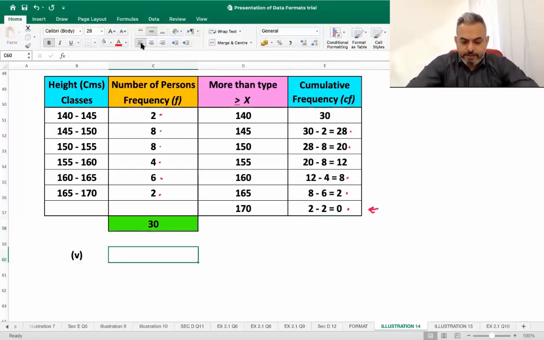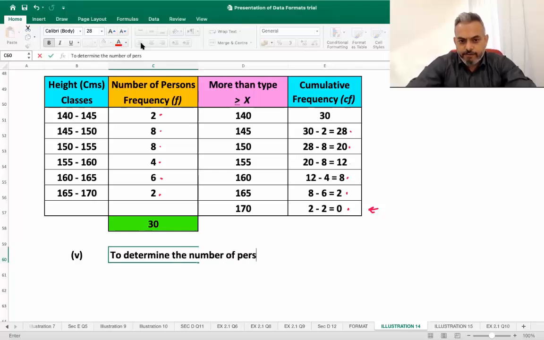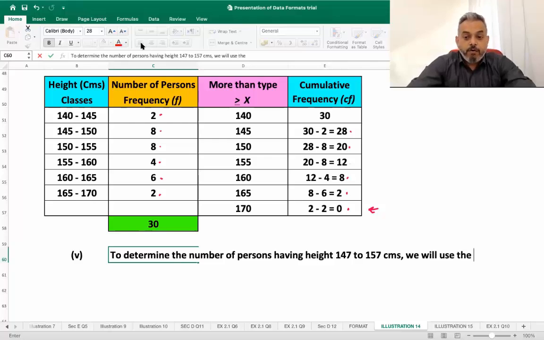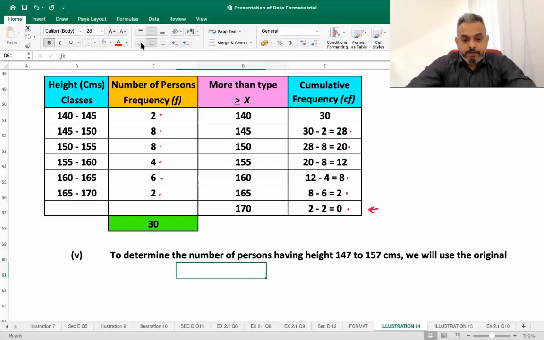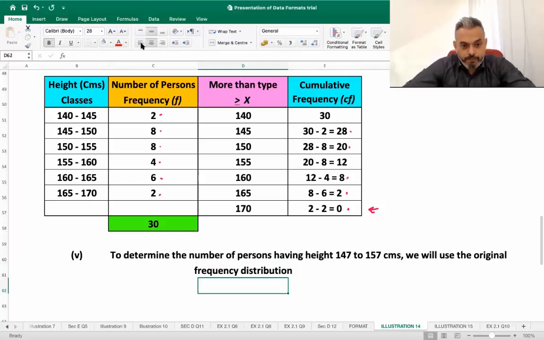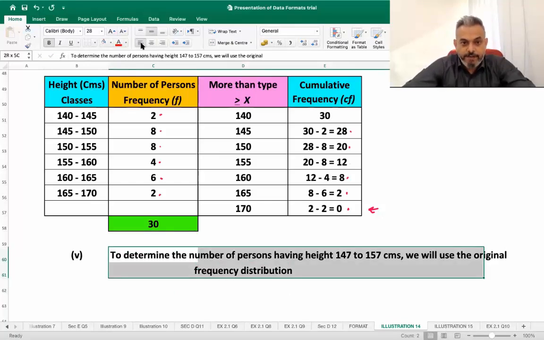Writing the fifth one. To find the number of persons having height 147 to 157 centimeters, we will use the original frequency distribution. This is what we will be using.